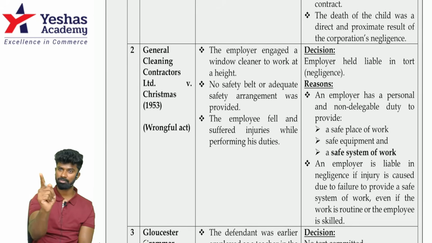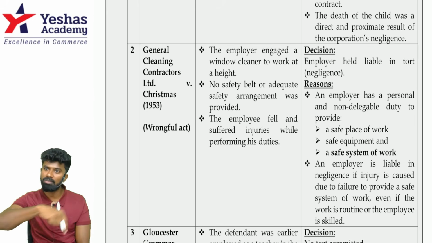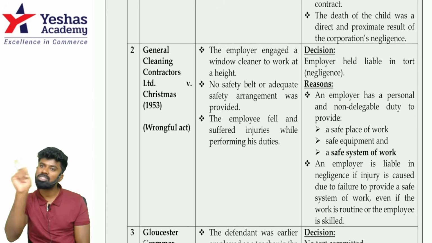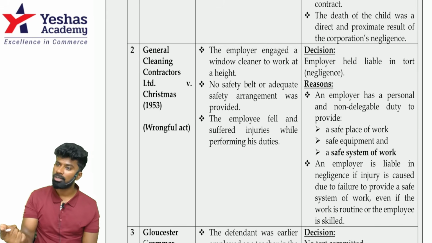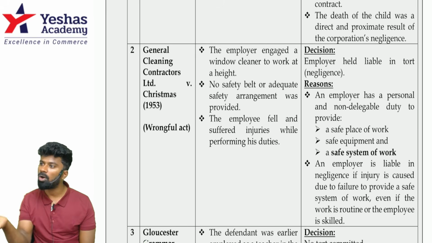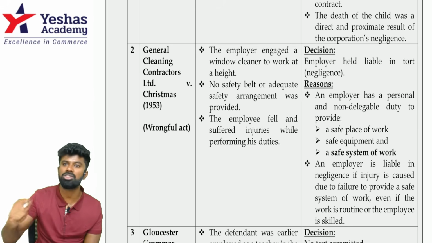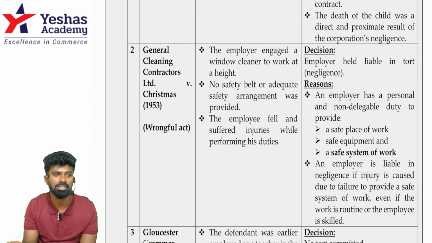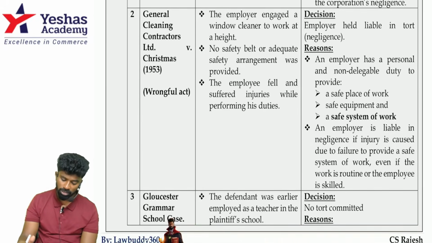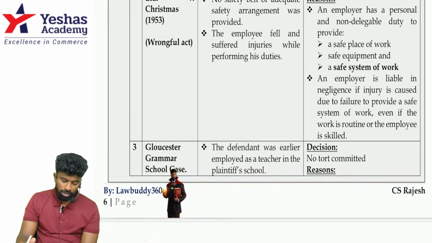Did he provide that? Is it a violation of the right of the employee and a breach of duty by whom? Employer. And that gives a remedy to the employee to claim the what? Compensation. Are we clear with this? Yes or no? Next one. That is a wrongful act.